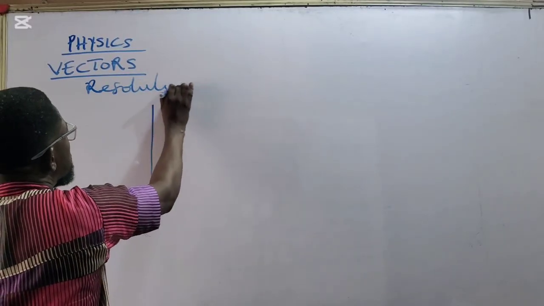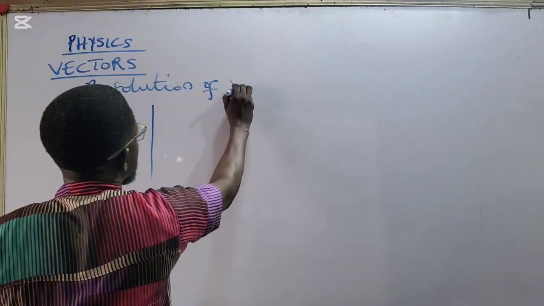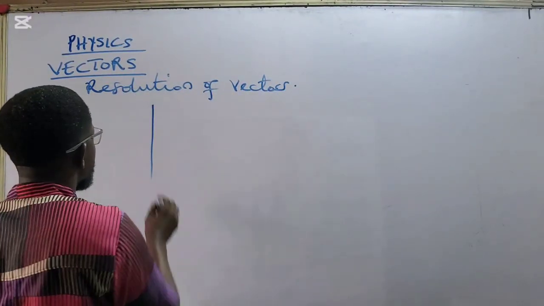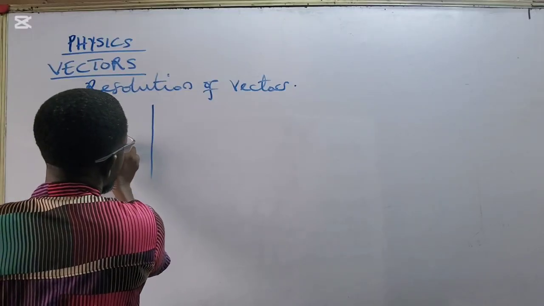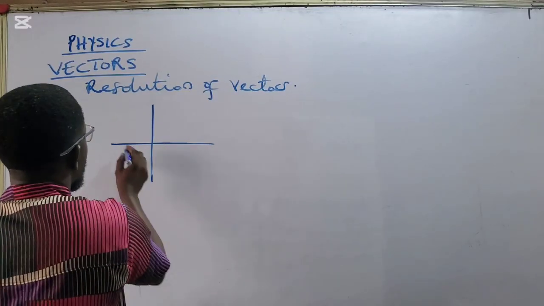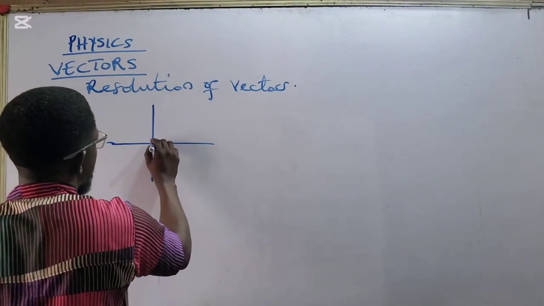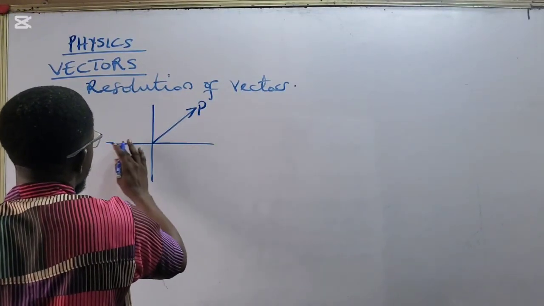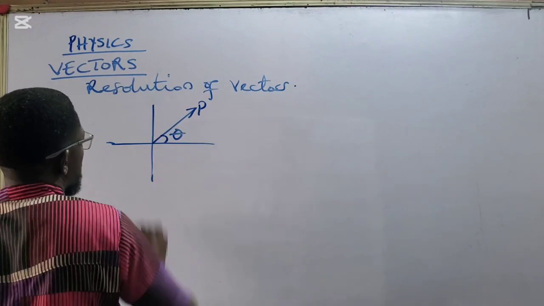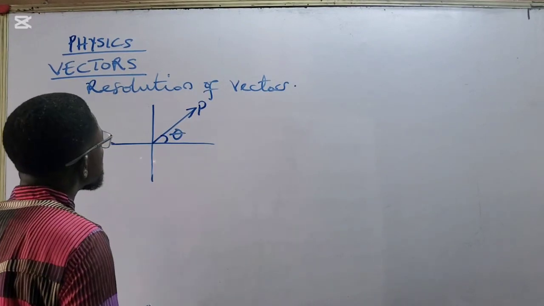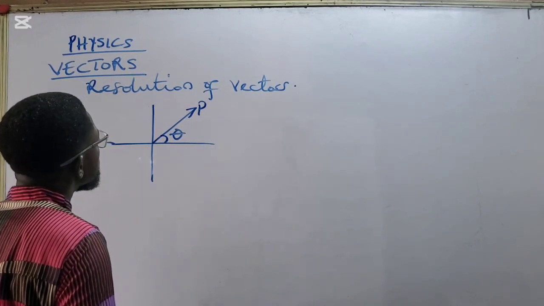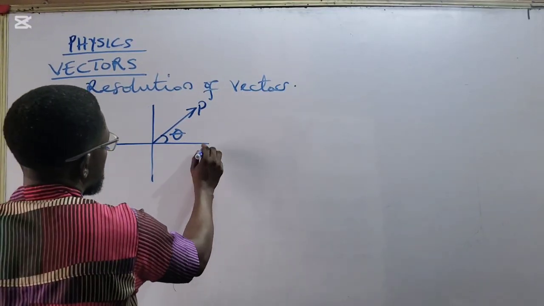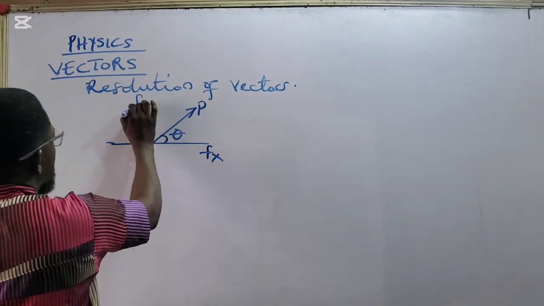Resolution of vectors. We're going to make use of this a lot when solving. So if you have a force P here, and you have an angle of theta at this point, you resolve this into the horizontal direction Fx and the vertical Fy.